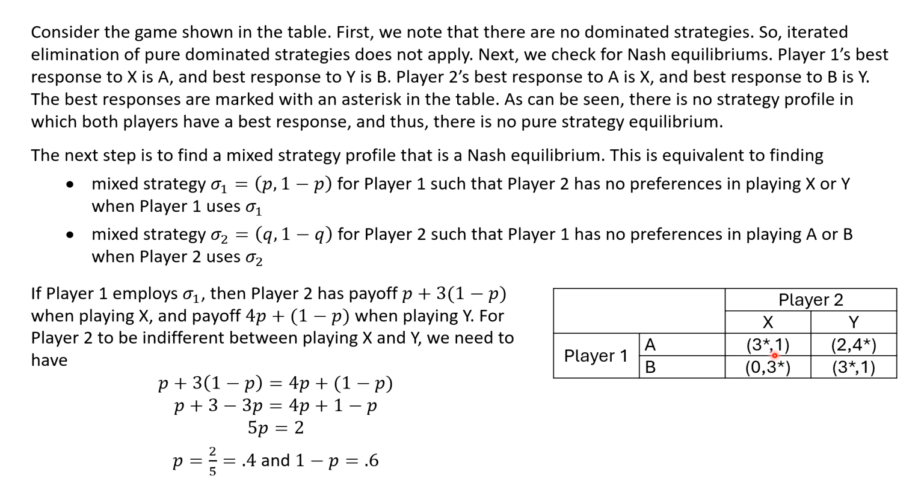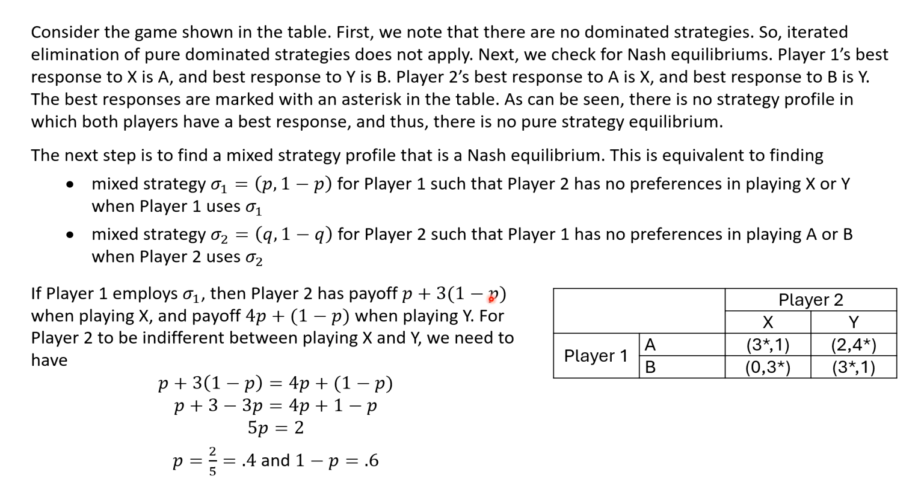You can see here it's 1 times P plus 3 times 1 minus P. So that would be the payoff when player 2 plays X. And then if player 2 plays Y against player 1 still playing the sigma sub 1 strategy, then it would be 4 times P, this term here, plus 1 times 1 minus P. And we want player 2 to have no preference between playing either one of these strategies against player 1 playing sigma sub 1.